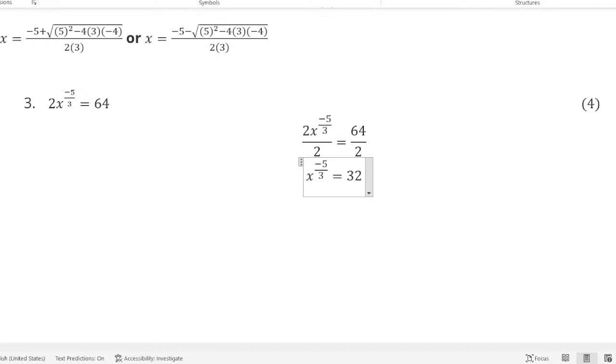Now we have to change the right hand side into an exponential form.